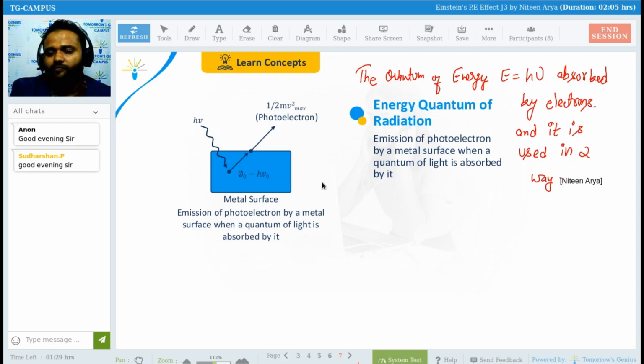First, the ejection of the electron, as you can see here. The electron is ejected from the inner valence shell and reaches the surface. And the second is that it also moves.